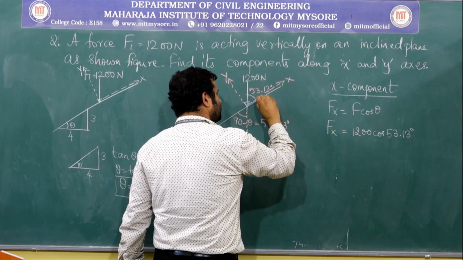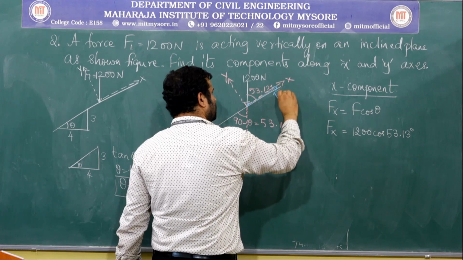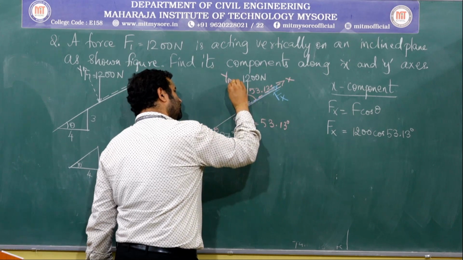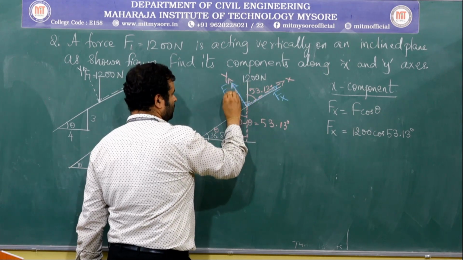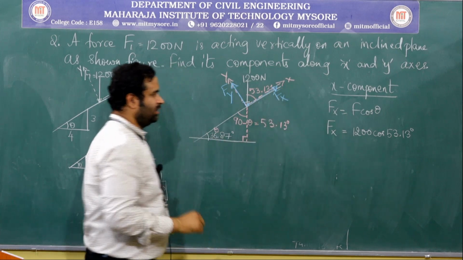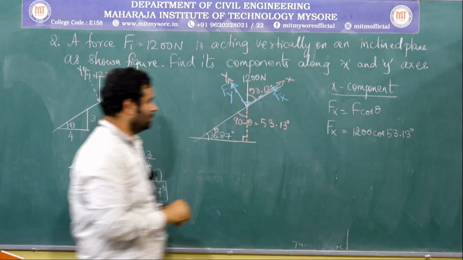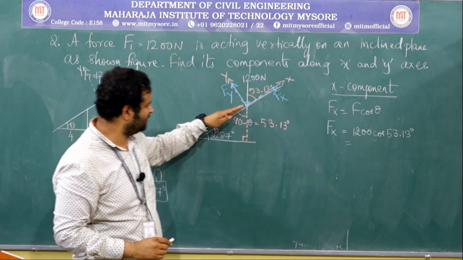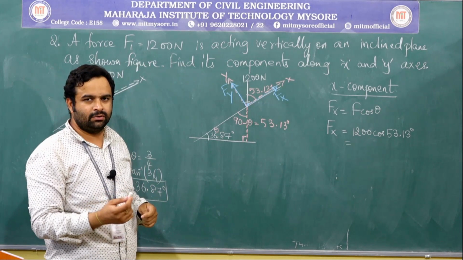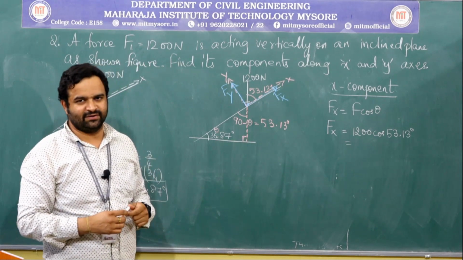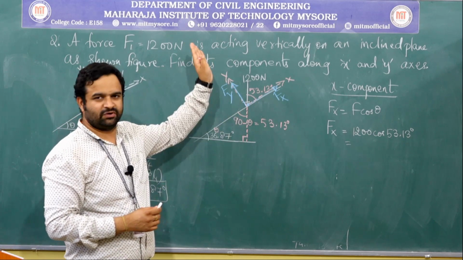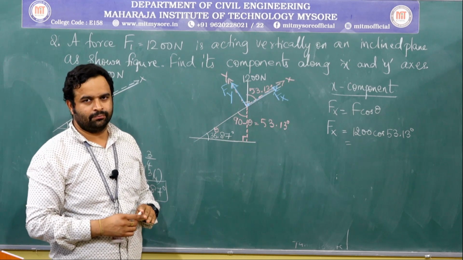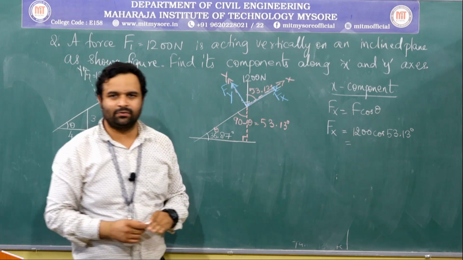So its x component will be written as shown, and its y component can be written as shown. This is fx and fy. So, since it is measured towards right, the positive sign should be considered for fx, and since y is measured upwards, the positive sign should be considered for y component also. So, what is 1200 into cos 53.13 equal to?